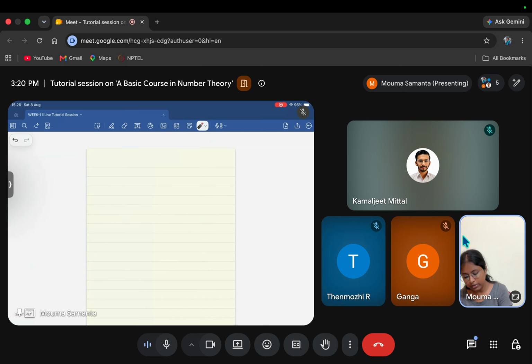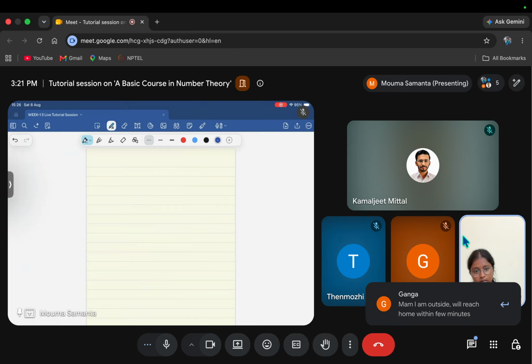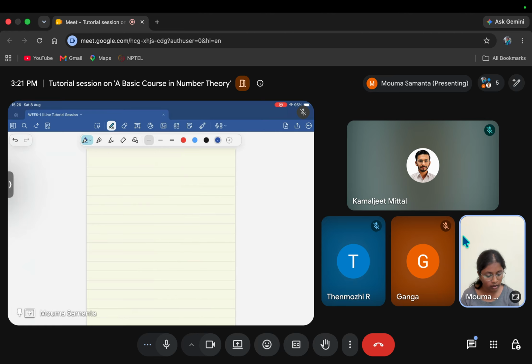So what we will show is that there exist some alpha prime, beta prime other than alpha, beta such that d equals a alpha prime plus b beta prime. So let's start. We all know that at least one solution will exist.